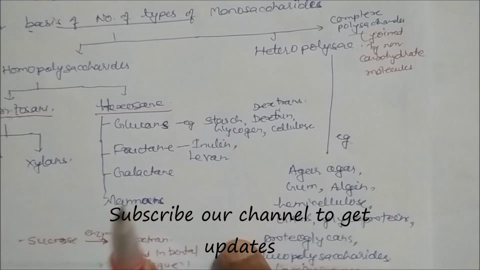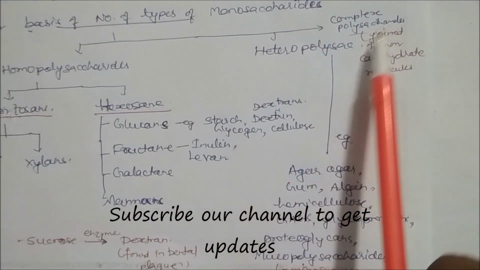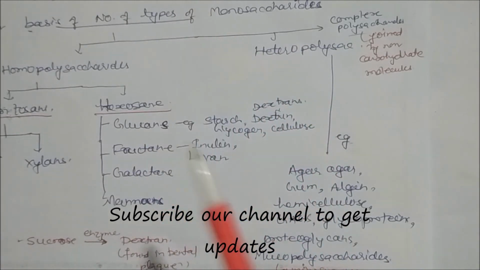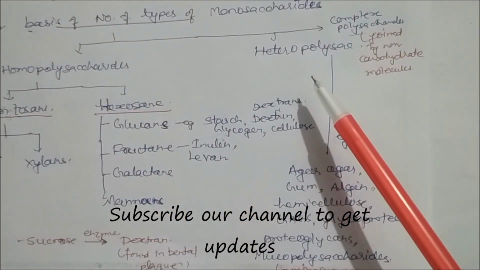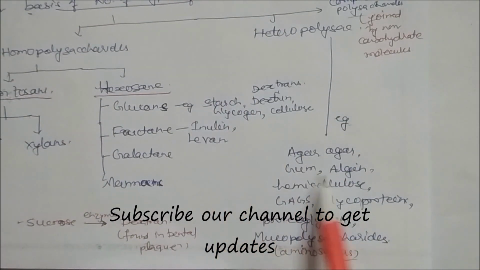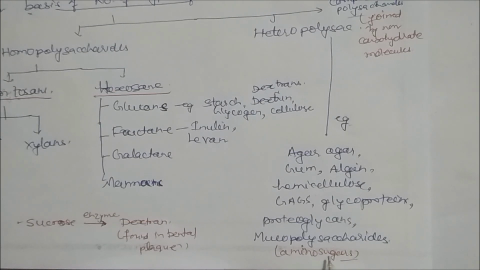In the case of heteropolysaccharides, they are the complex polysaccharides, made of different types of monosaccharides. Again we have examples: agar, gum, algin, hemicellulose, GAGs, glycoproteins, proteoglycans, and mucopolysaccharides, which are amino sugars.